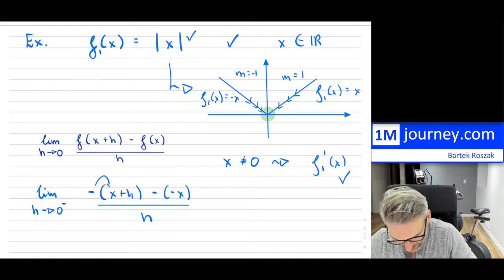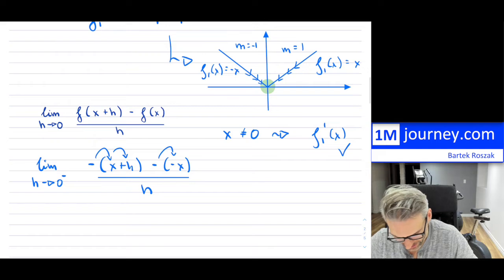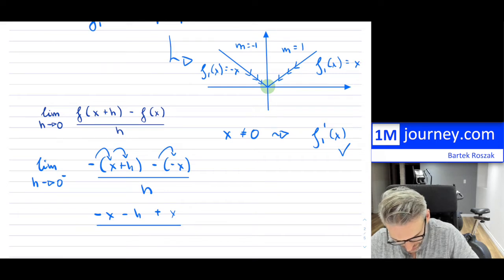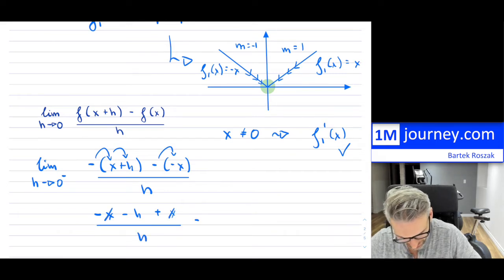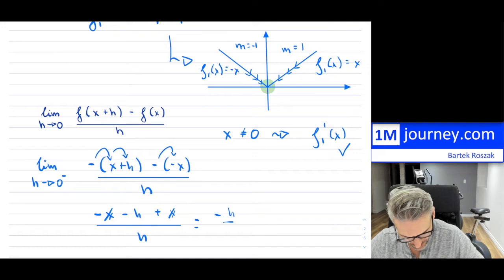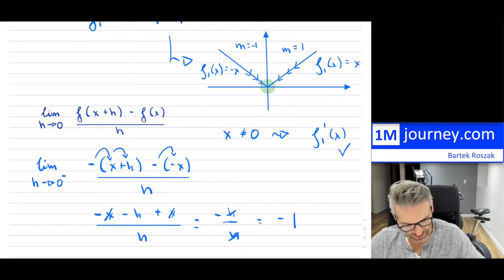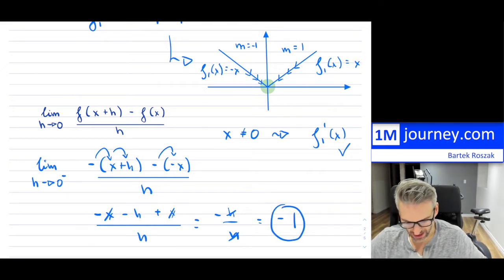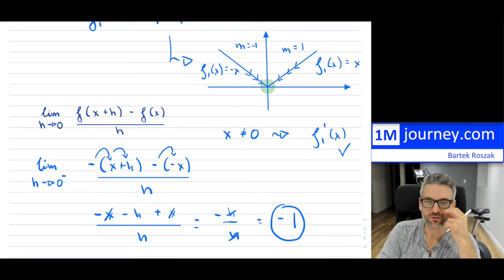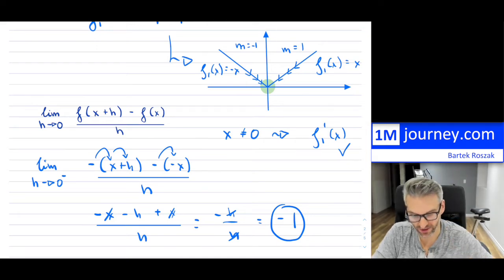Bringing all of this in, you'll notice that the x's will cancel, so negative x minus h plus x all over h. This cancels out, and then what I'm going to get is negative h over h, and so this cancels, and I'll just get -1. The limit as h approaches from the left-hand side is just -1.